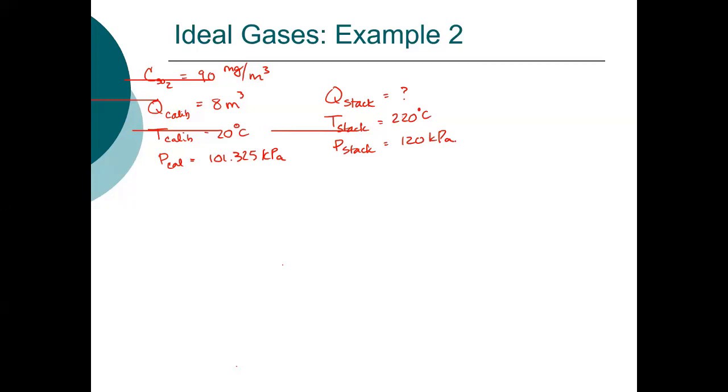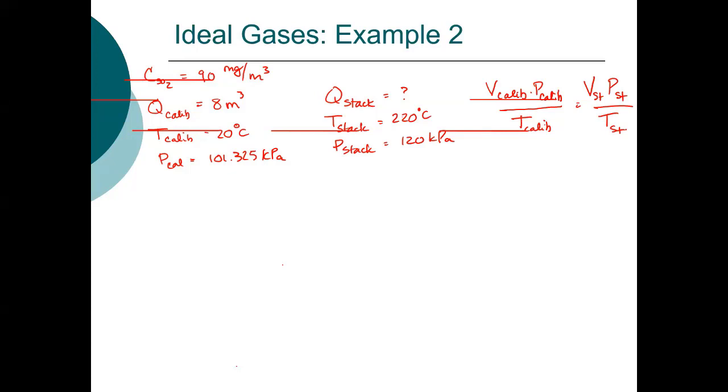So we can use the combination of Charles' law and Dalton's law, where we have V calibrate times P calibrate divided by T calibrate equal to V stack times P stack divided by T stack. Okay? So we have two different sets of conditions.